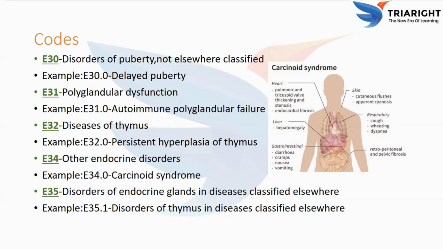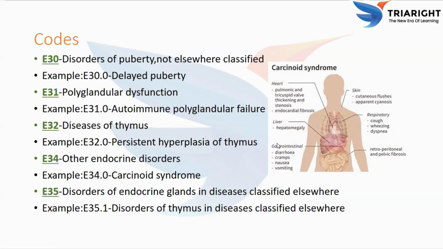This occurs because hormones like serotonin and bradykinin dilate the blood vessels. Next, coming to the gastrointestinal tract, the symptoms include diarrhea, abdominal cramps, nausea and vomiting. These are caused by the overproduction of serotonin in the intestines, increasing gut movement and secretion.